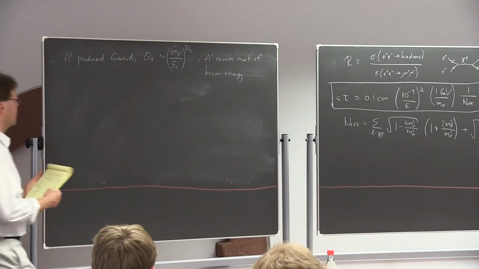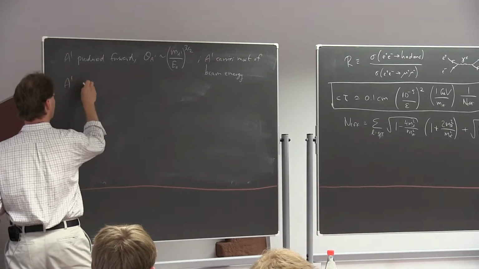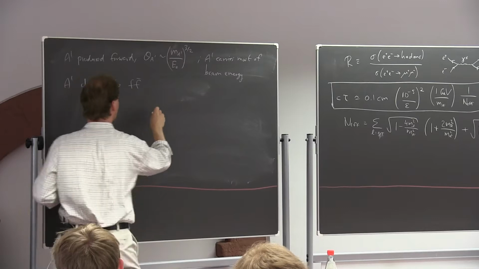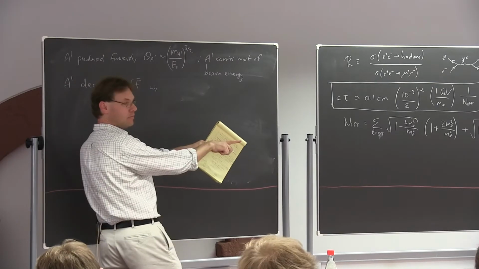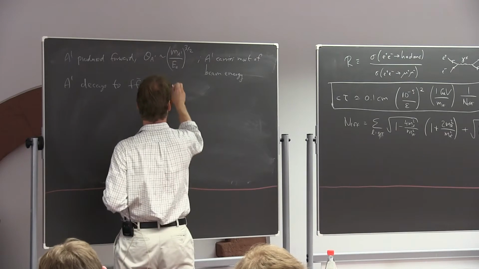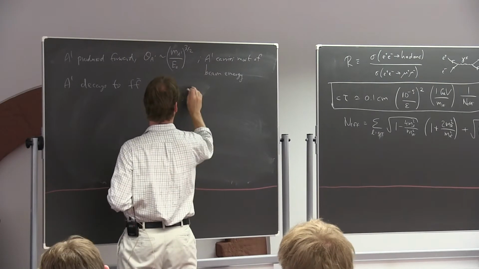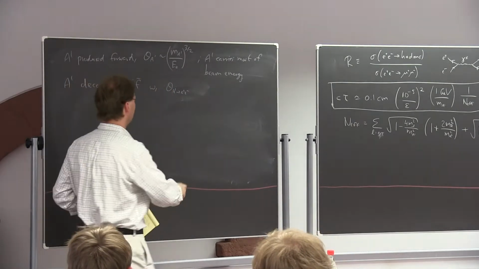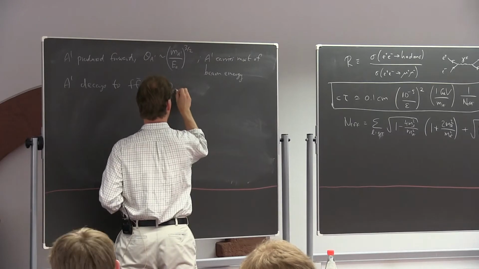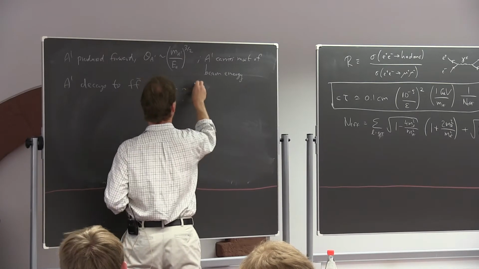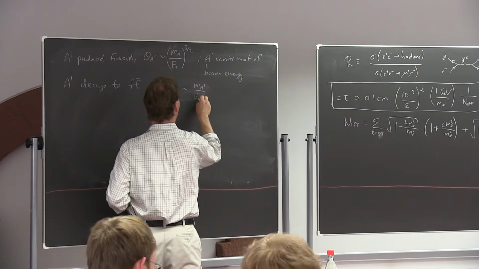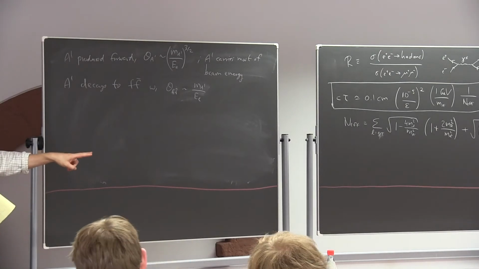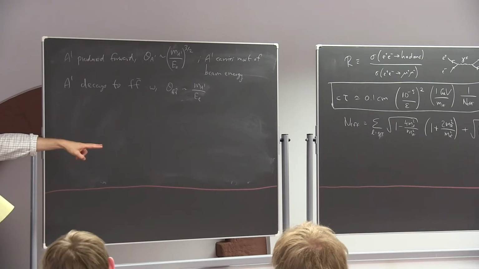The other thing to know is that once the thing decays to your fermions, the opening angle of the decay products, let me make it a general f f bar, is going to be of order mA prime over E. So again, the decay to the e plus e minus pair or mu plus mu minus pair that you might produce is very forward in the beam direction.